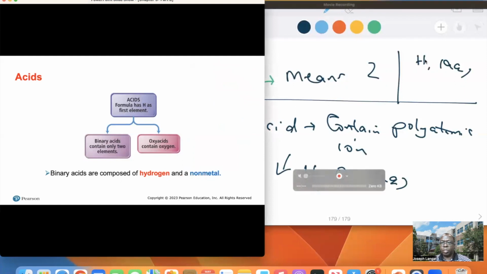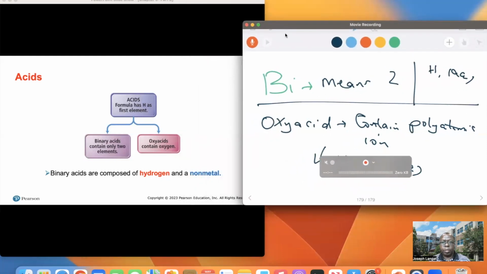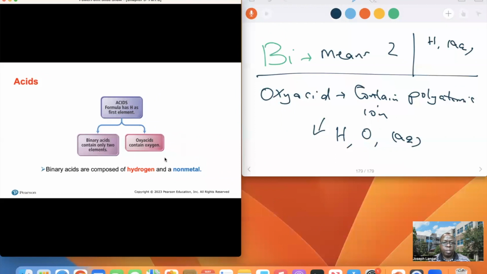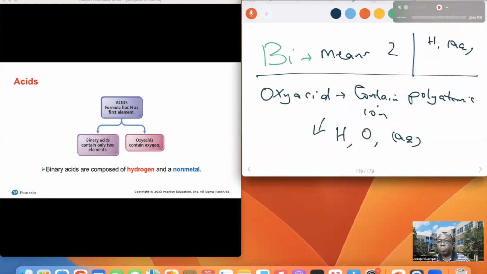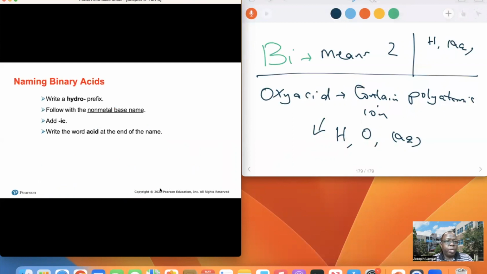Hydrogen is the criterion by which you can classify the binary acids, whereas the oxyacids have oxygen, aqueous, and hydrogen. There's a systematic way of naming them. Oxyacids have an oxyanion. Oxyanion is a polyatomic ion. We'll see how we write that.